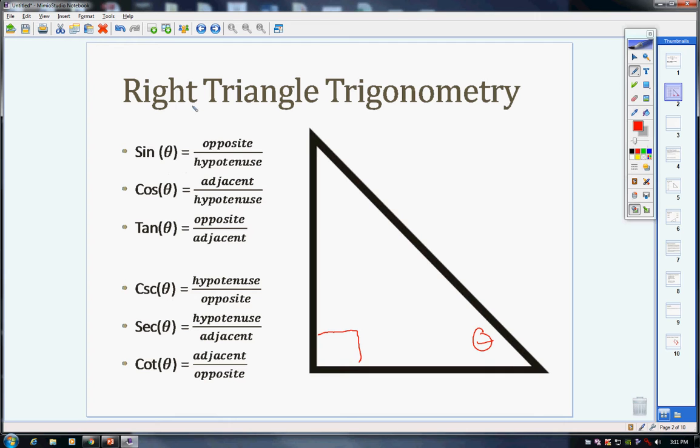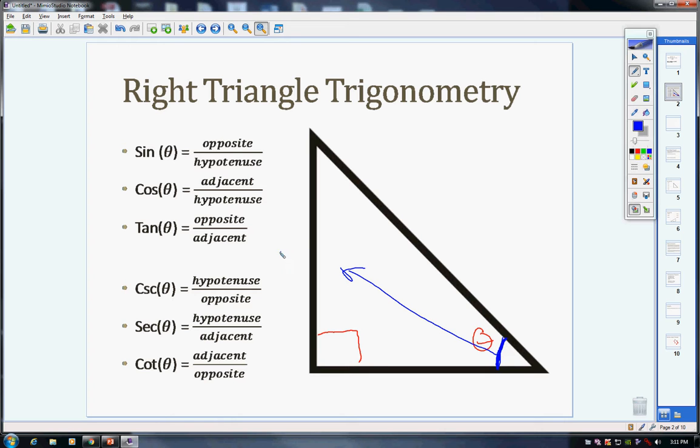Okay, so when we do right triangle trigonometry, we are talking about basically ratios of sides of right triangles. And so if you look at sine of theta, theta is right here. You can see it, it's marked in the corner. If I find the sine of theta, it is basically the ratio of the side opposite.